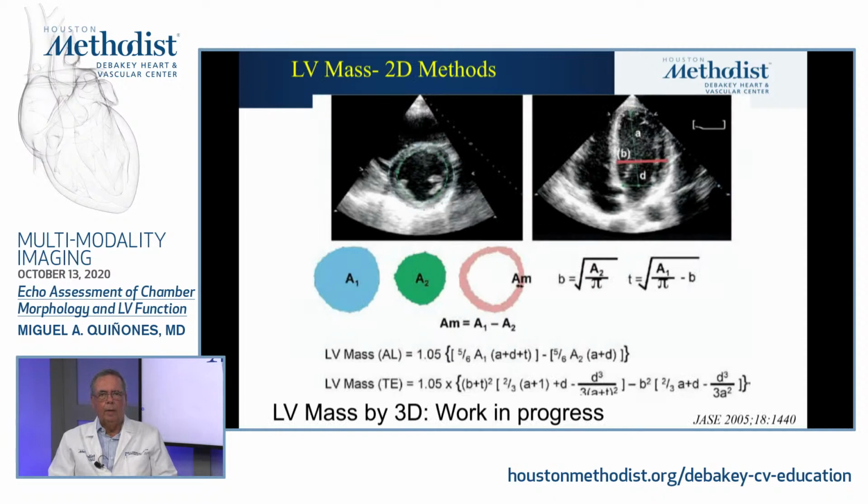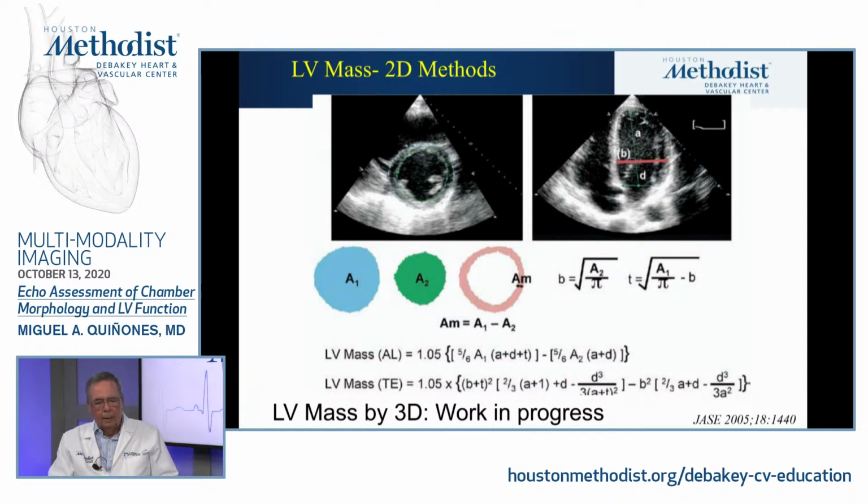And we know that we have concentric hypertrophy, where the LV has a normal cavity size with increased thickness, and eccentric hypertrophy, where the ventricle is dilated. The thickness may not be significantly increased, but the combination of a dilated cavity and the wall thickness produces an increased mass. This type of hypertrophy is called eccentric.